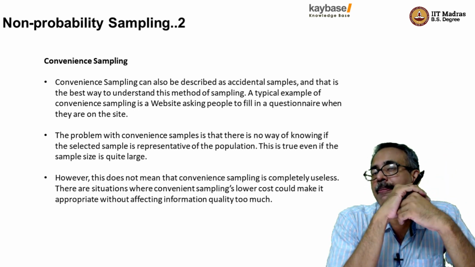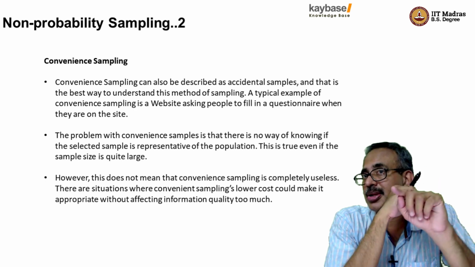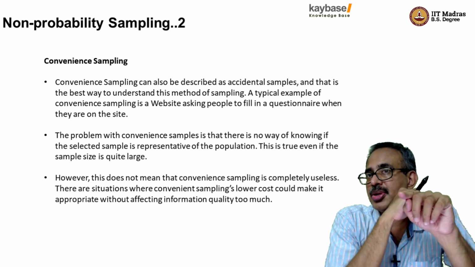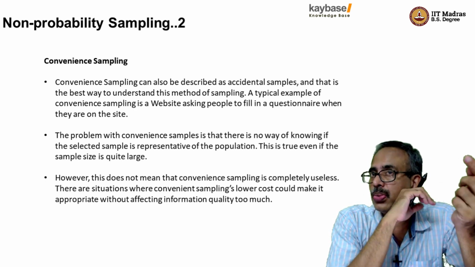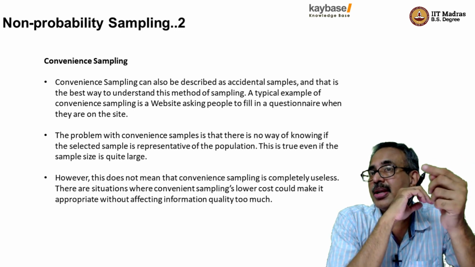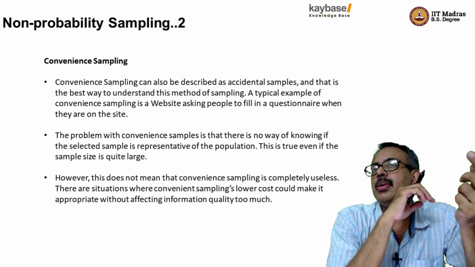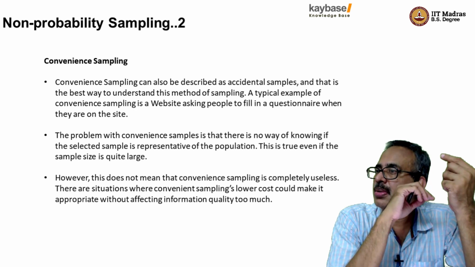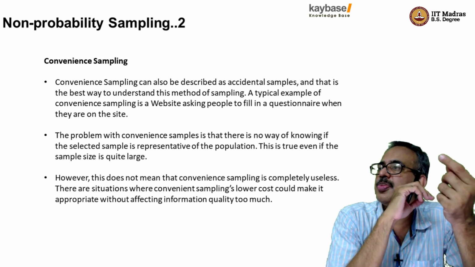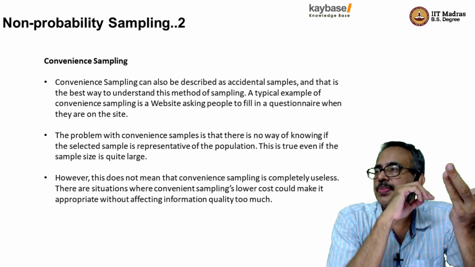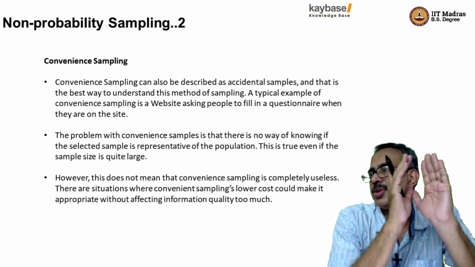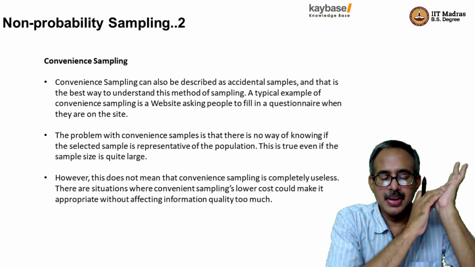Now, I'm not saying that is what has happened. I'm saying we don't know. And I'm saying we have no means of finding out. We'll have the suspicion in our mind, but we have no means of finding out whether the suspicion is correct or wrong, because we have not followed a scientific method of sampling. That is the point here.